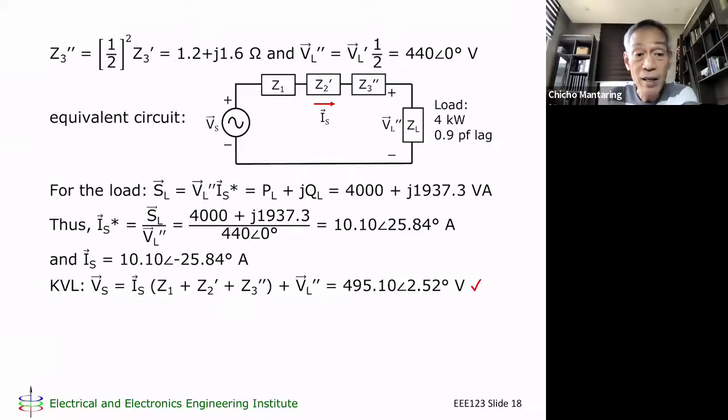On the other hand, my KVL now is V of S is Z1 plus Z2 prime plus Z3 double prime multiplied by I of S plus V of L. So I'm going to come up with this.